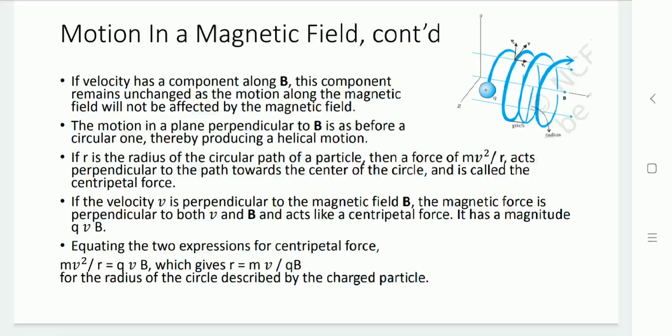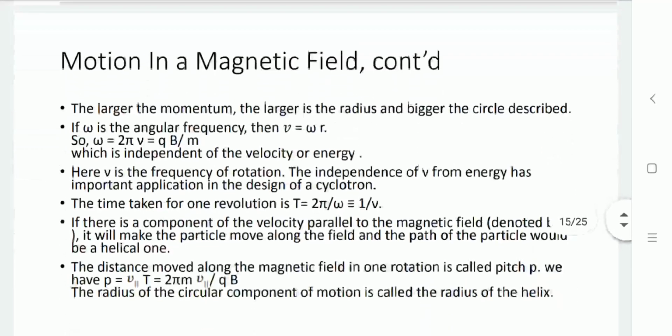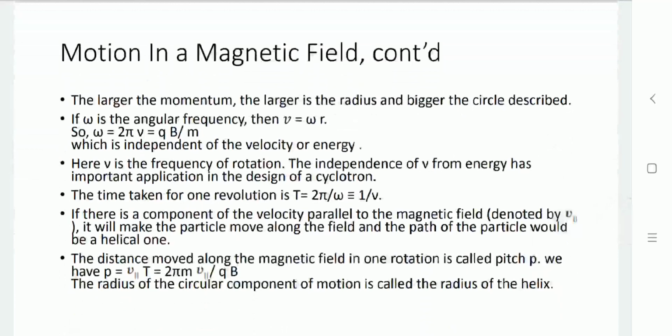This is the radius of the circle traced by the charged particle. So the larger the momentum, the larger the radius, and the bigger the circle carried out by the movement of this charged particle.